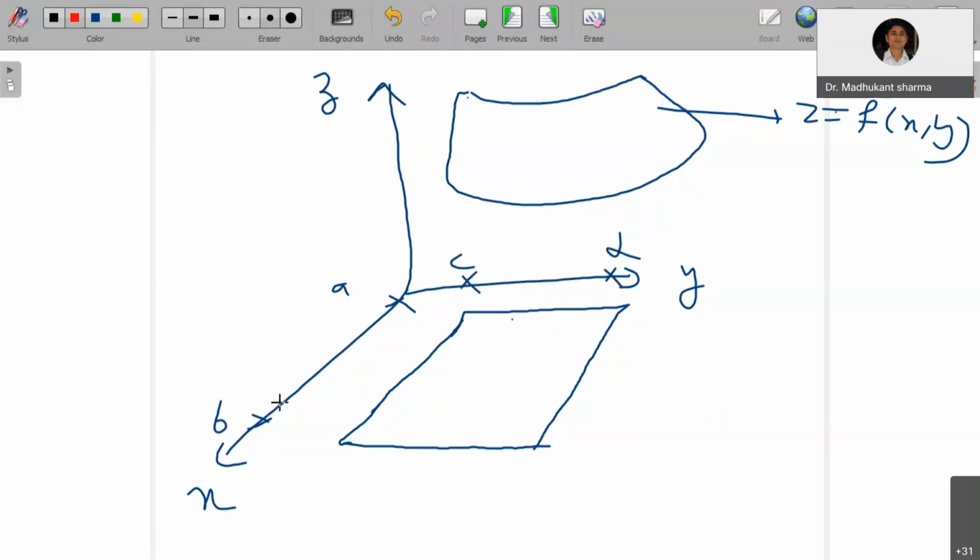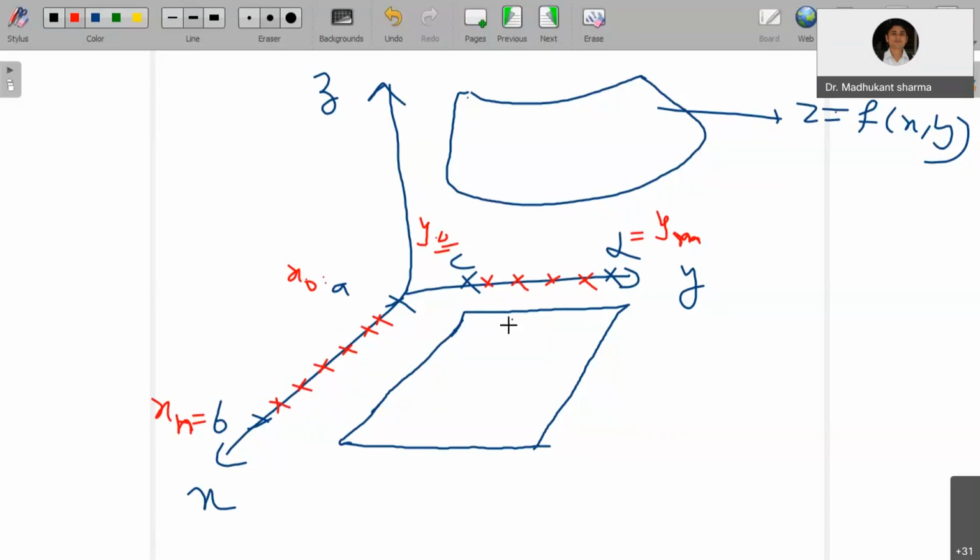So when you are partitioning, let's say this is x naught and this is xn, and let's say this is y naught, and this is ym. So you are partitioning along the x direction, and you are also partitioning along the y direction.